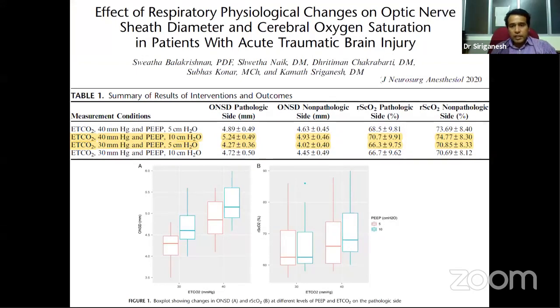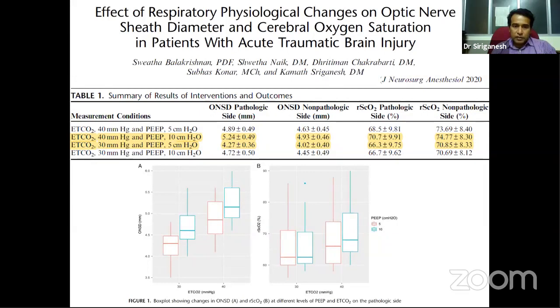This was one study which we published recently, last month, wherein we compared two commonly employed interventions, that is PEEP and manipulation of carbon dioxide, on two commonly used outcome measures, that is ONSD, optic nerve sheath diameter, as a surrogate for ICP, and regional cerebral oxygen saturation using the non-invasive near-infrared spectroscopy technique.